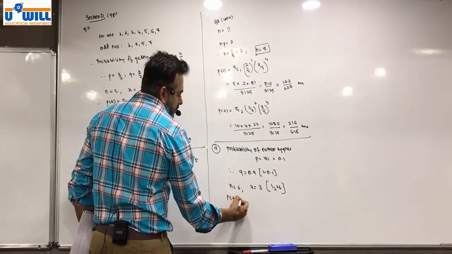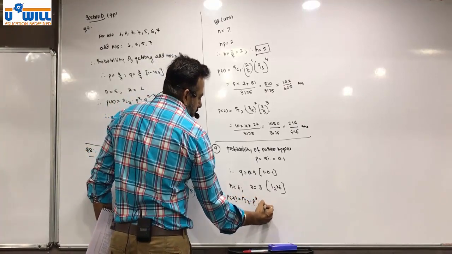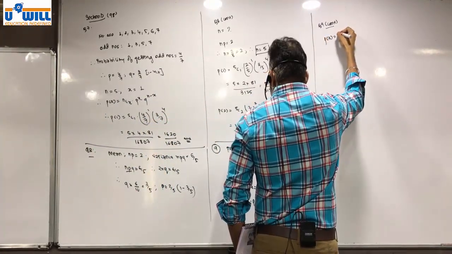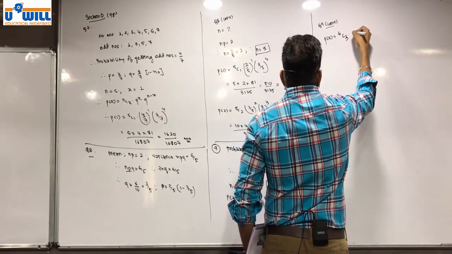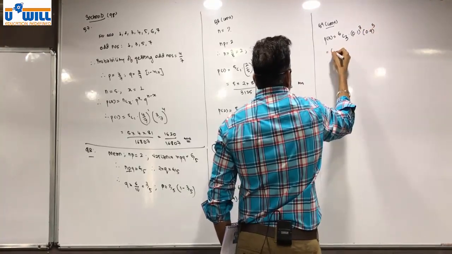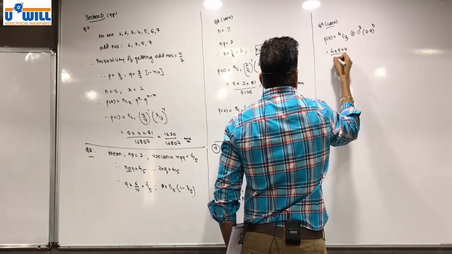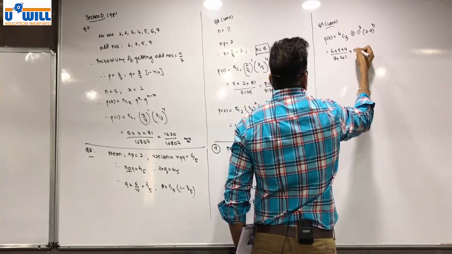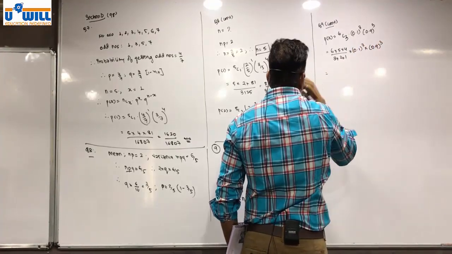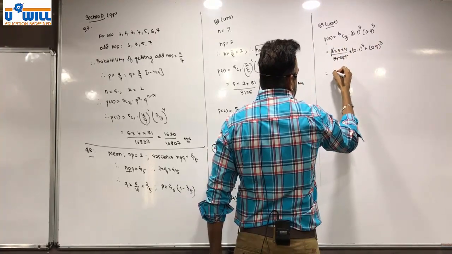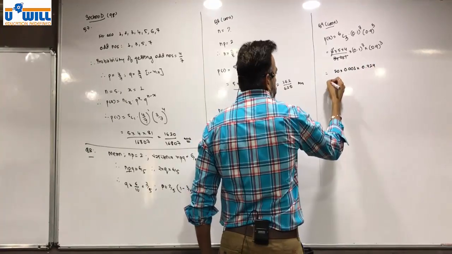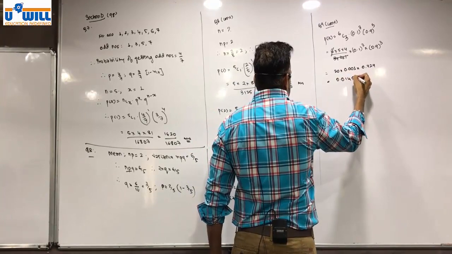So probability of X is NCX P raised to X, Q raised to N minus X. P of 3 is equal to 6C3 into 0.1 raised to 3, 0.9 raised to 3, which is equal to 6 into 5 into 4 upon 3 into 2 into 1 into 0.1 raised to 3 into 0.9 raised to 3, which is equal to 20 into 0.001 into 0.729, which is 0.01458.